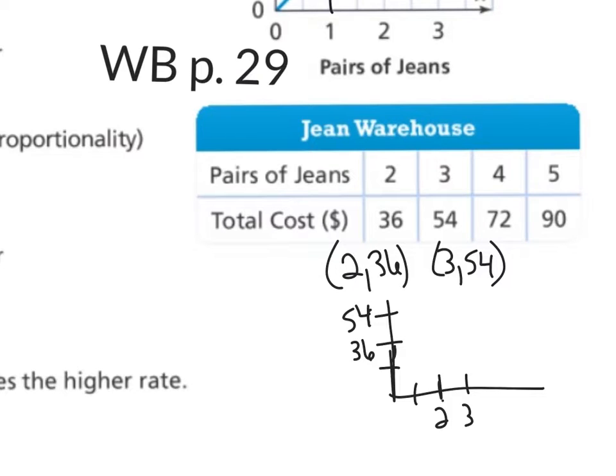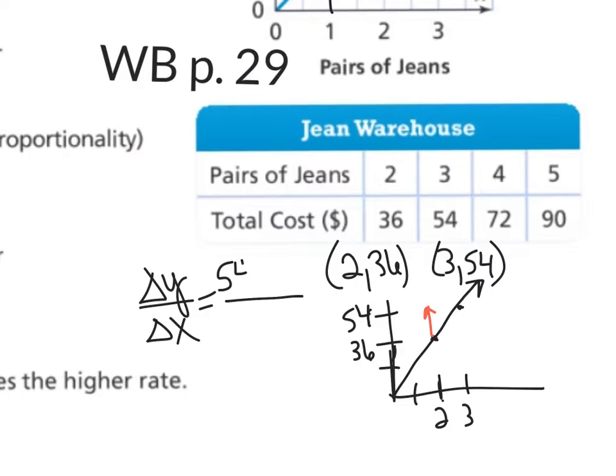This time they're not just telling us for one pair, we got to work at it a little bit more. So again, we can look for a change in Y and a change in X. So we're going up from 36 to 54, so if we subtract those, we can find what that change is.